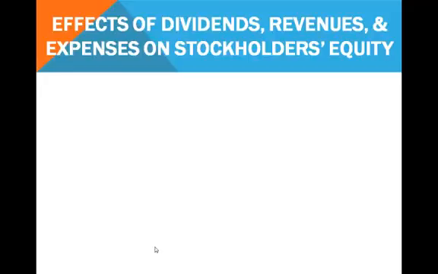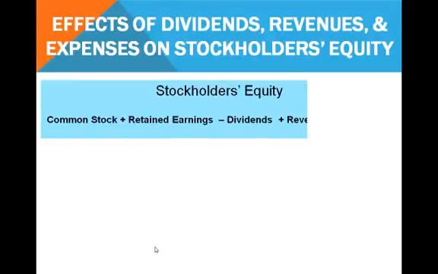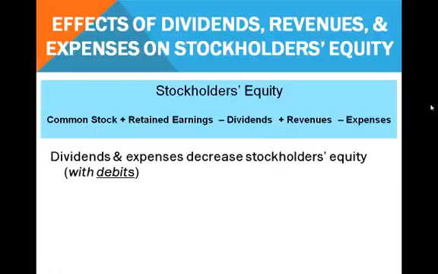Let's talk a little more about what's going on over there in equity, because we've talked about a lot of different pieces of the equity side. The equity side includes common stock, retained earnings. It's affected by dividends, revenues, and expenses. Those are all going to be kinds of accounts we see. Dividends decrease stockholders' equity. Expenses decrease stockholders' equity. So if stockholders' equity normally, that's on which side?